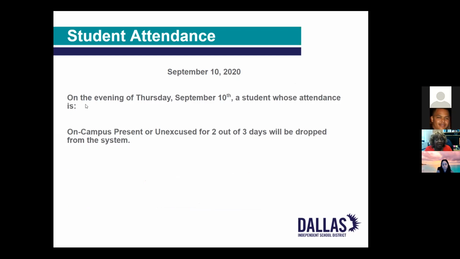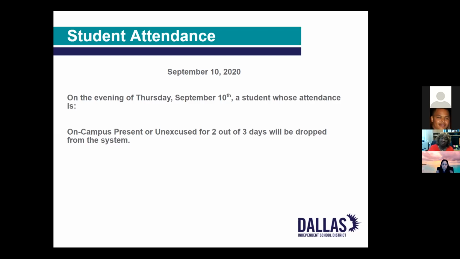Now, if you mark kids on campus present, this is what's going to happen. On the evening of Thursday, September 10th, which is 2 days after school starts, students whose attendance is on campus present or unexcused for 2 out of 3 days will be dropped from our system.